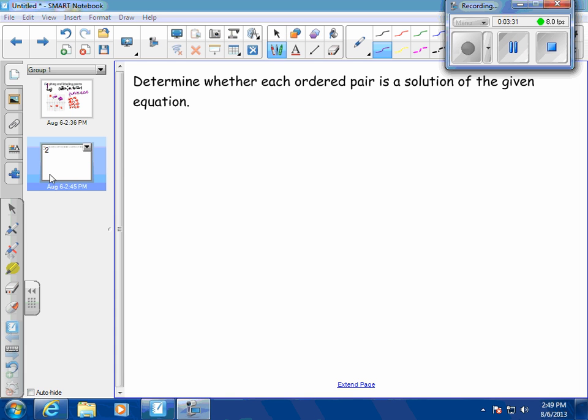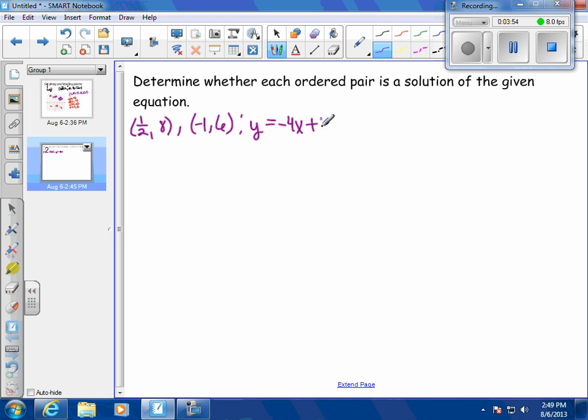For example, number 10 on page 72 has the problem (1/2, 8), (-1, 6), and we want to see if that fits into the equation y equals -4x plus 10. It has absolutely no bearing on the situation how this equation is set up. We're going to plug in the x's for x's and the y's for y's. We're going to do one at a time.